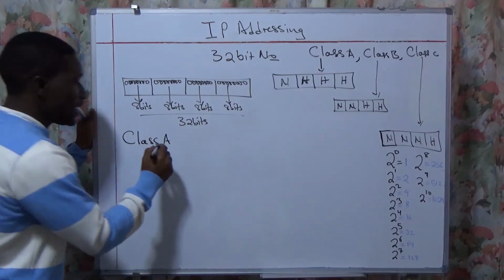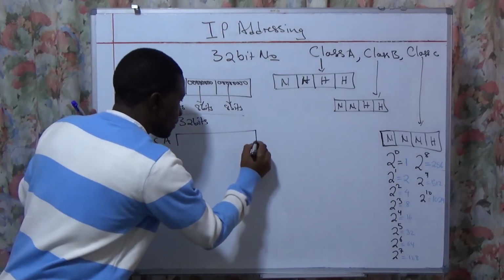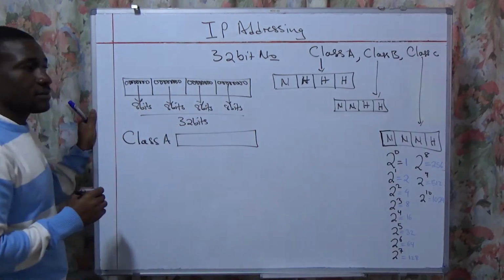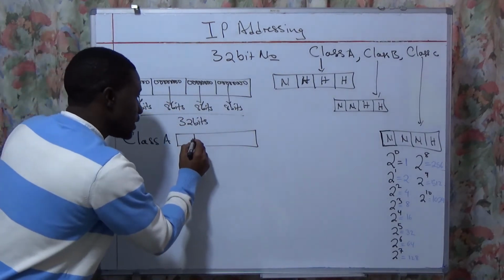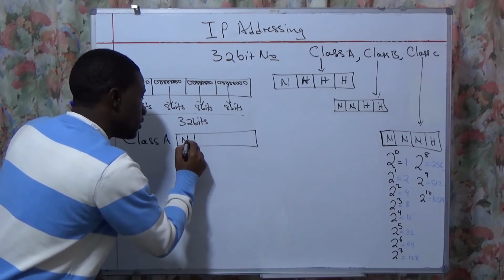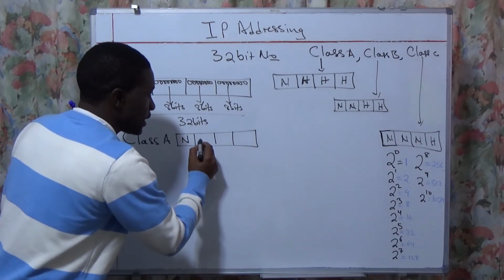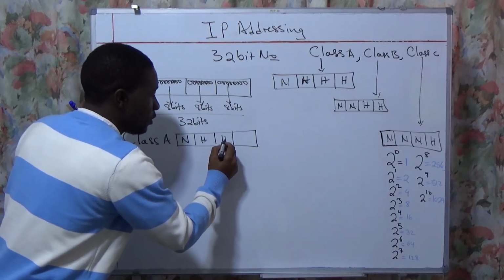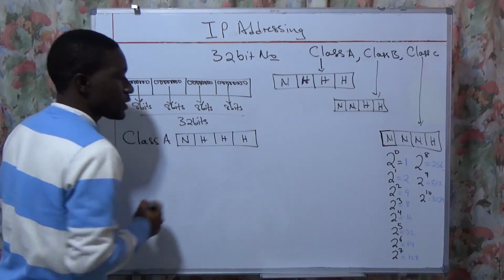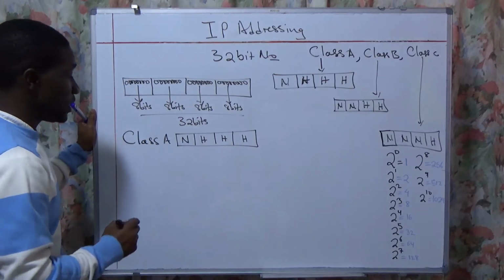So we say class A has 1 octet for networks, and the rest of the octets are provided for hosts. So what does that mean?